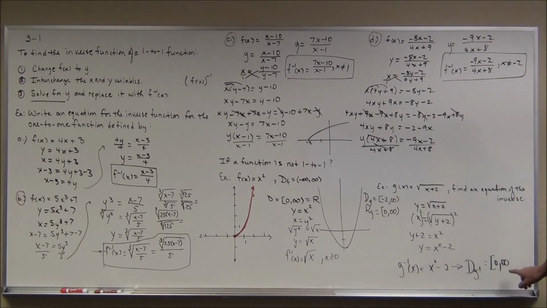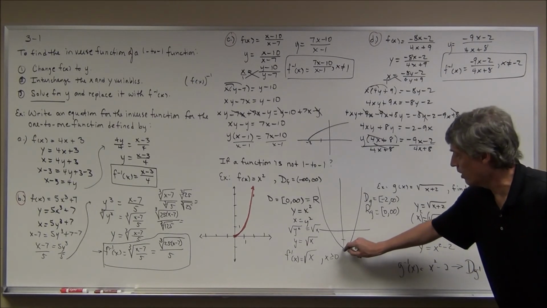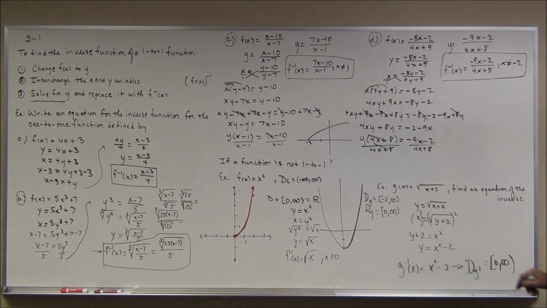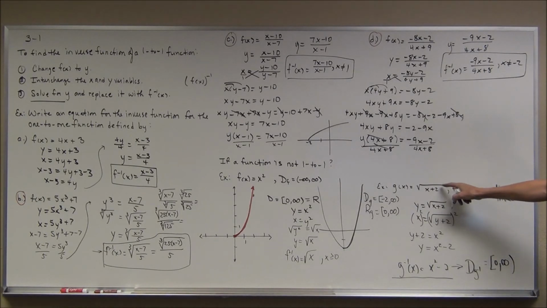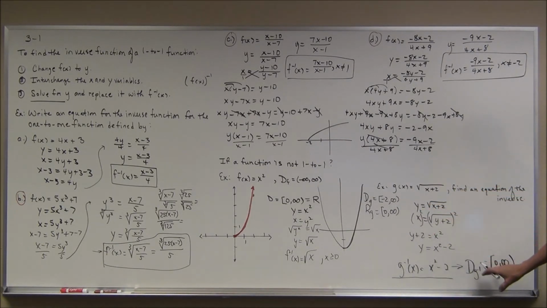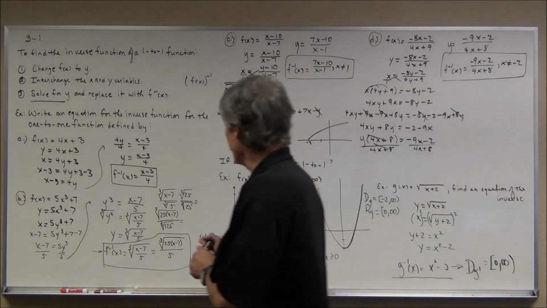Now for that to happen, if I'm plugging these values into here, I'm going to get this part of the curve. Okay? It's because of that restriction. So this would be the inverse function of this. So you have to identify what's going on with your domains and your ranges before you can really properly make sure that you are finding a proper inverse function.